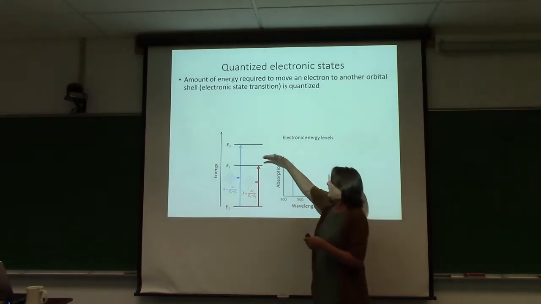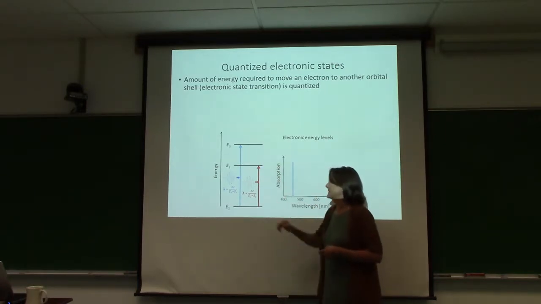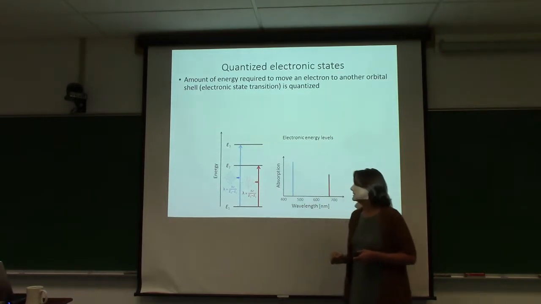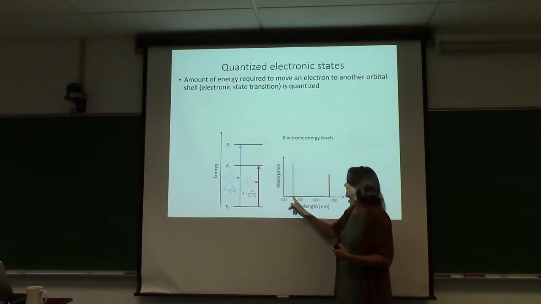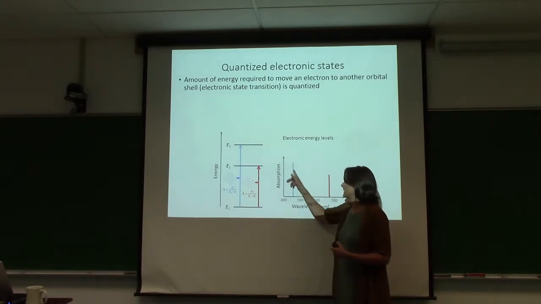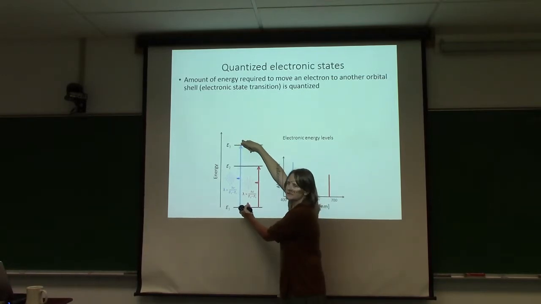So we can have this same molecule with either its second or third electronic state, depending upon which energy it has absorbed. What that means is that if you think about it in terms of an absorption spectrum, there's an absorption coefficient at the wavelength between these two electronic states.